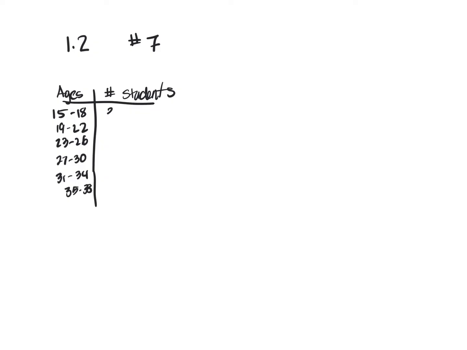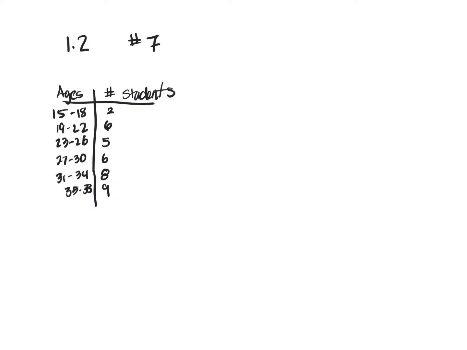And this is 2, 6, 5, 6, 8, 9. Right? And then it says, based on the frequency distribution above, find the cumulative frequency for the class with the lower class limit of 27.